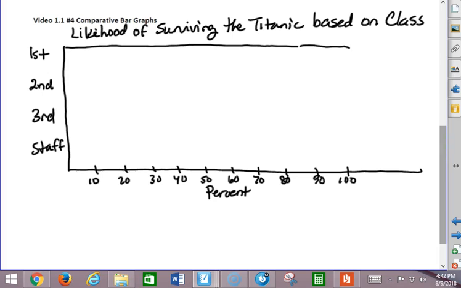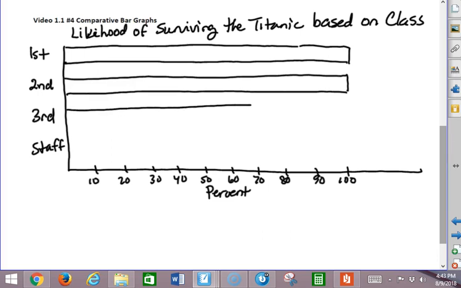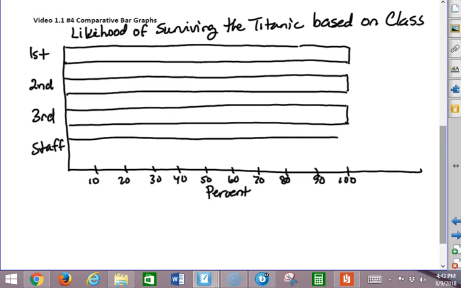A bar for first class, another bar for second class. Normally with segmented bar graphs, we have space between the bars, so I'm going to make all the bars have space between them. Here's third class, and here is staff. So they all represent 100%.